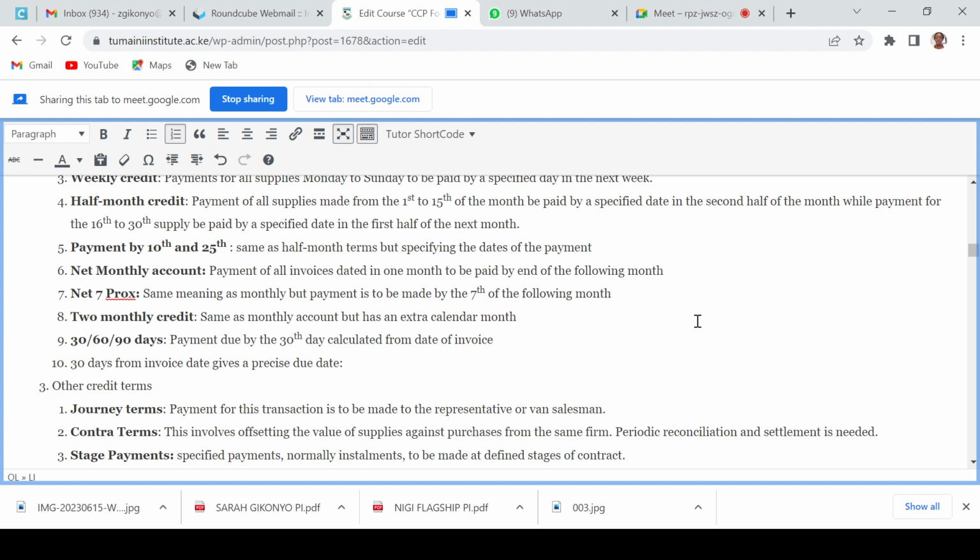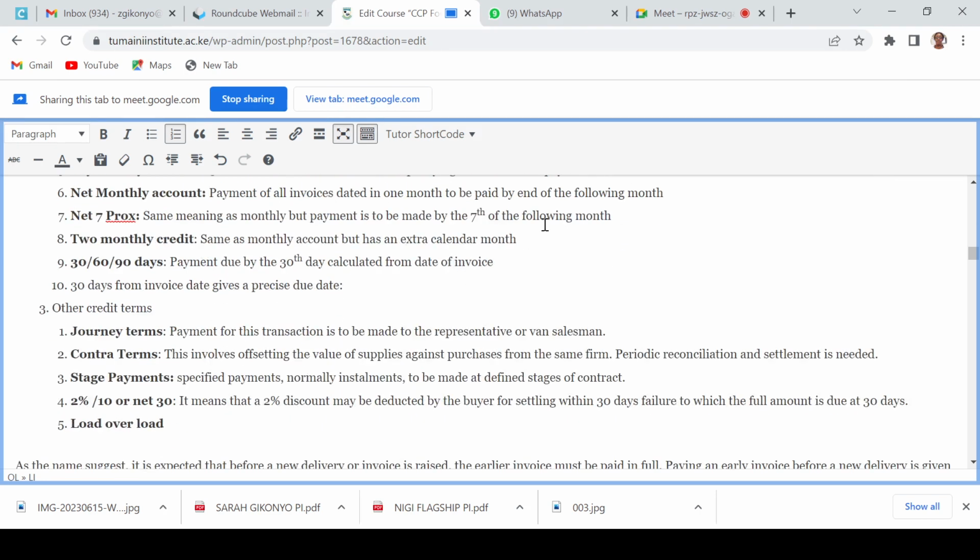Prox, hiyo jina prox inasimamia mwezi. Prox tarehe 7, meaning payment is to be made by the 7th of the following month. So net 7 prox. Prox inamaanisha ni kama mwezi, proximate, mwezi imeisha, una supply, lakini by tarehe 7 ya the following month tunataka ufanye payment.